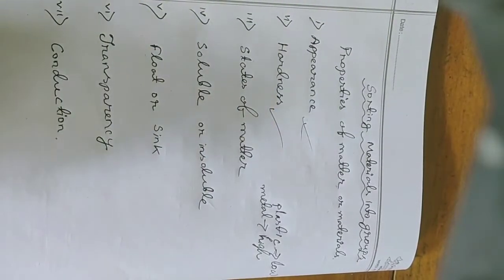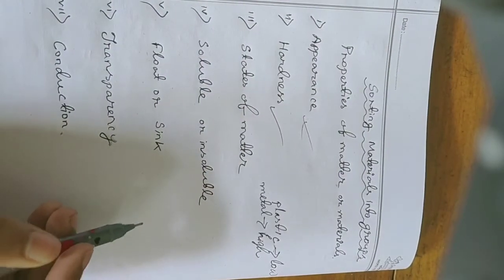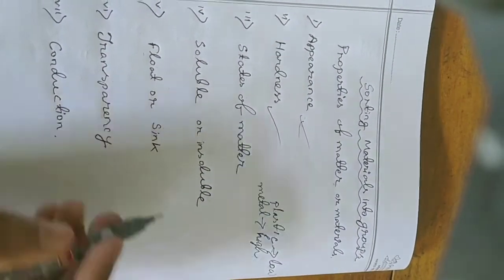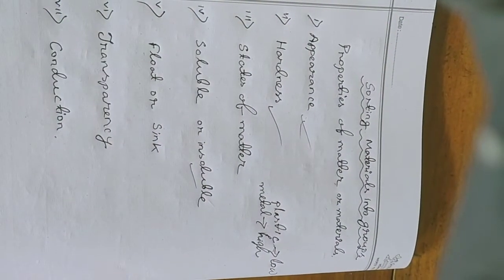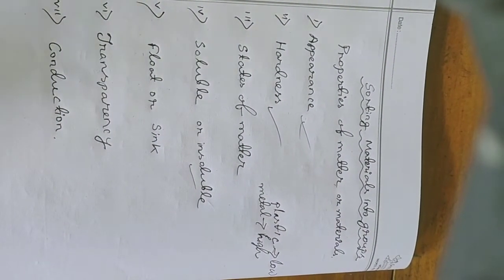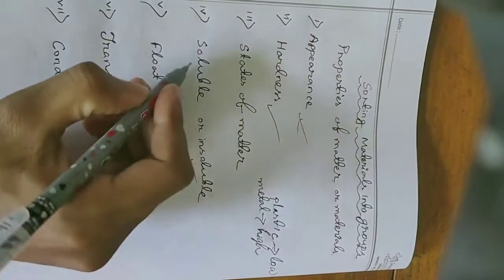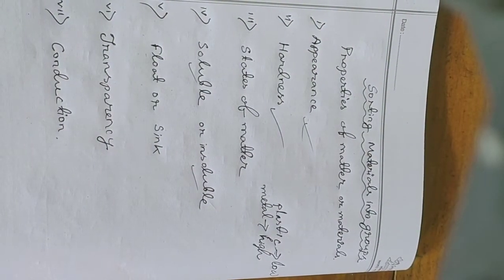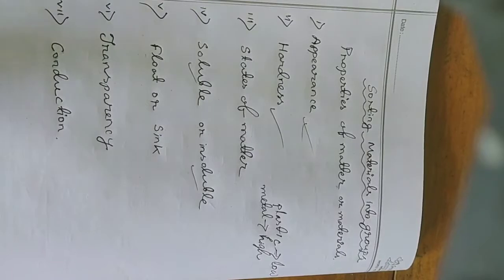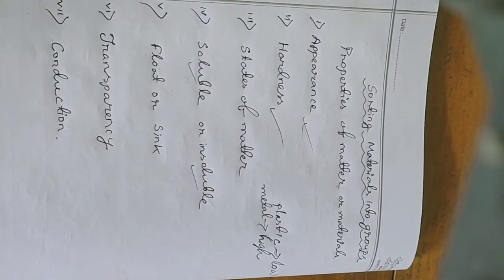Those oils cannot dissolve in water, they are insoluble. Then some can dissolve in water, they are called soluble. Soluble materials, for example, salt. Salt at your house, if you mix salt with water, it will dissolve.